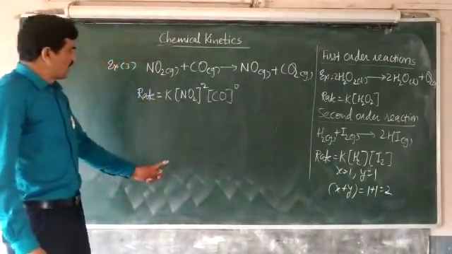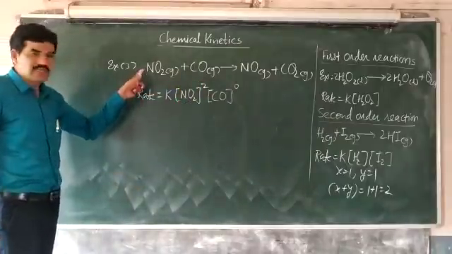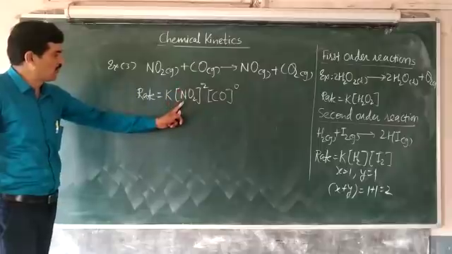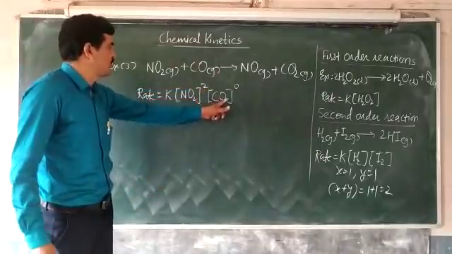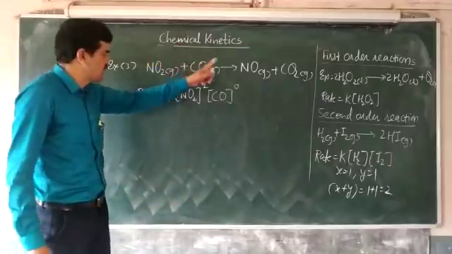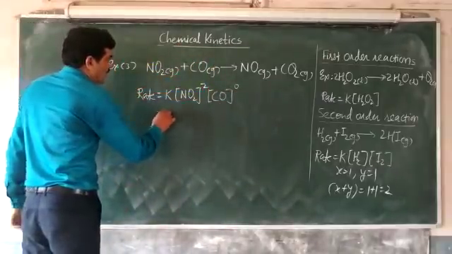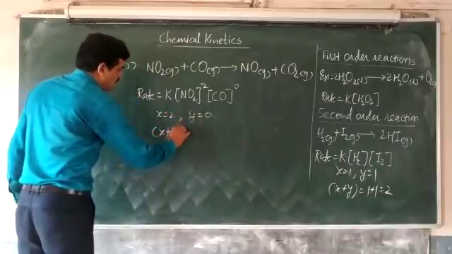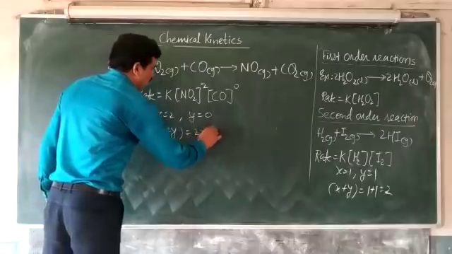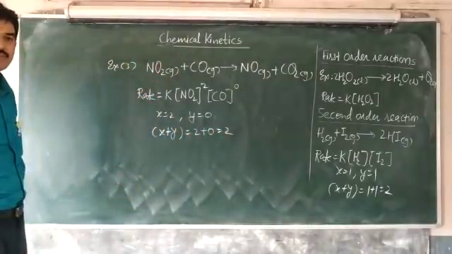So here the exponent which is raised to the concentration of NO2 is 2, which means this reaction is second order with respect to NO2. While the exponent which is raised to the concentration of CO is 0, therefore the reaction is zero order with respect to CO. The value of x is 2, value of y is 0. Overall order of the reaction becomes 2 plus 0 equal to 2. This is also an example of the second order reaction.